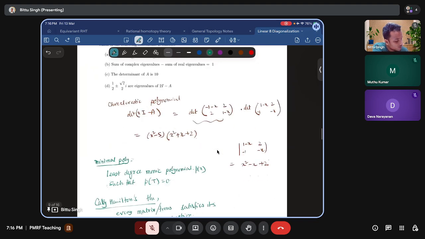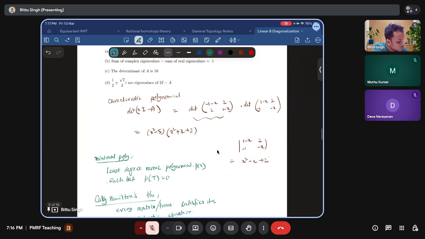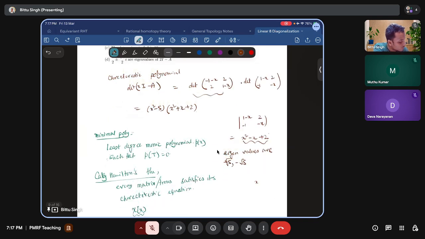So what are the characteristic values? The eigenvalues are plus root 5 and minus root 5, and if we solve x squared minus x plus 2 equal to 0, then we get x equal to (1 plus or minus root of 1 minus 4 into 2) by 2, which is (1 plus or minus root 7i) by 2.